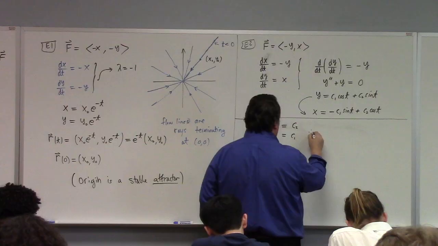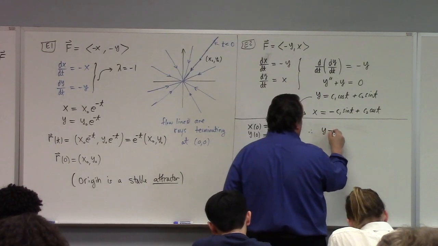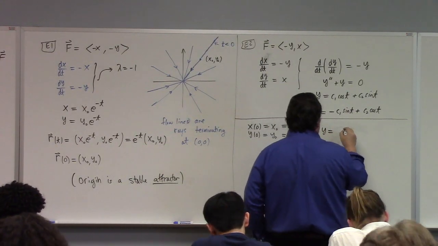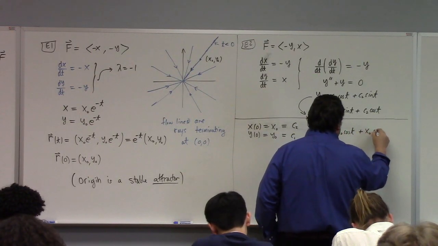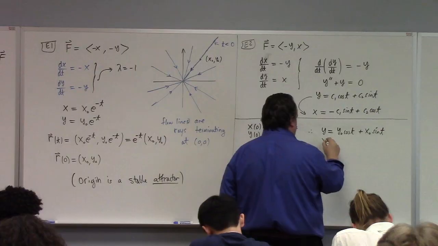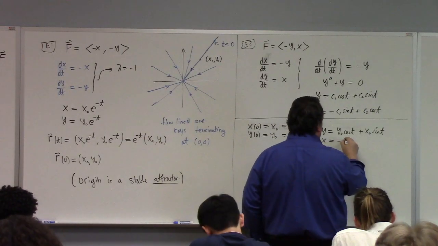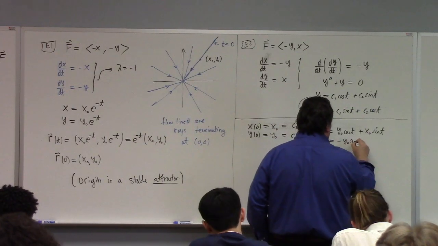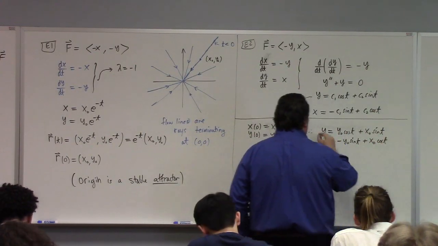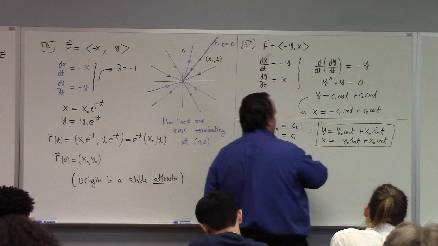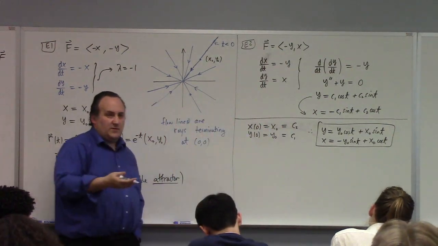Oh, okay, so therefore apparently y is equal to y naught cosine t plus x naught sine t, and x is equal to minus y naught sine t plus x naught cos t. So these are parametric formulas for the flow line.